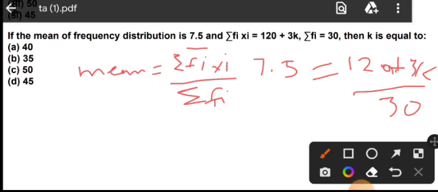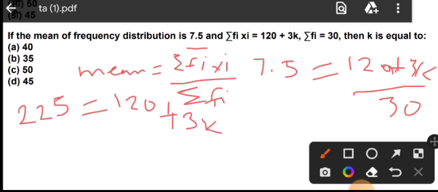So when we multiply 30 into 7.5, the value will become 225. So here is 120 plus 3k.